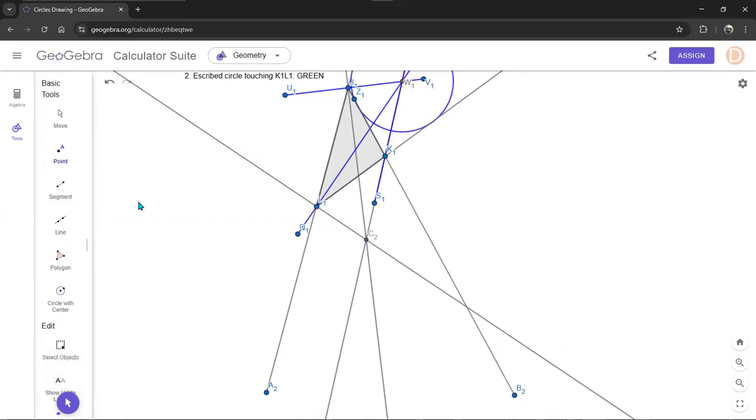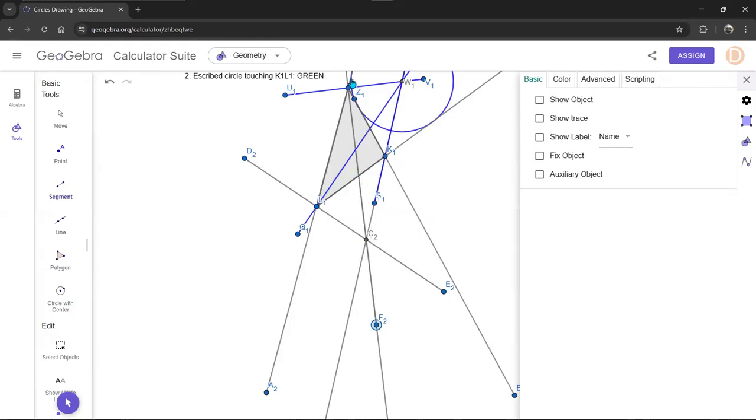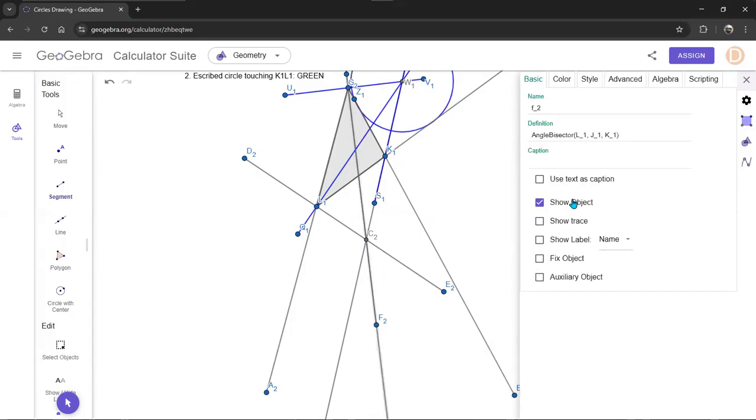So what we are doing here, we just need to follow what we did previously. But before that, I need to shorten these lines because we already have the point of intersection. So we have that one. Then you can also cut this one. And then the last one.